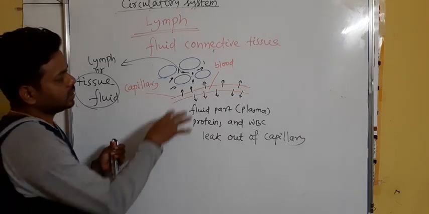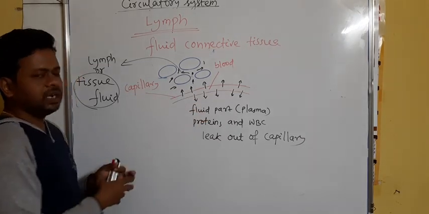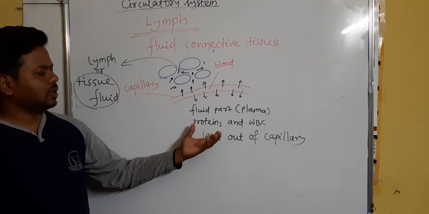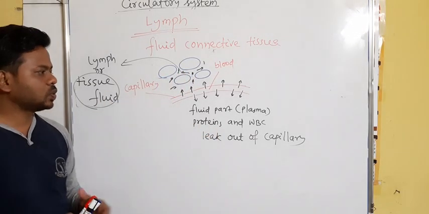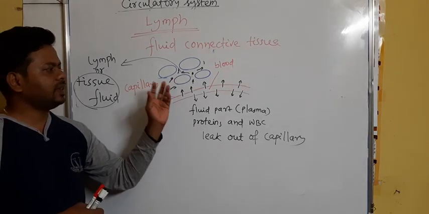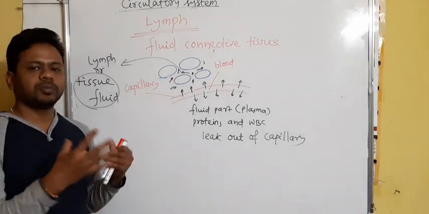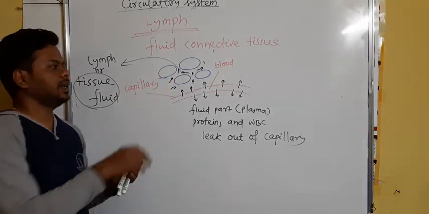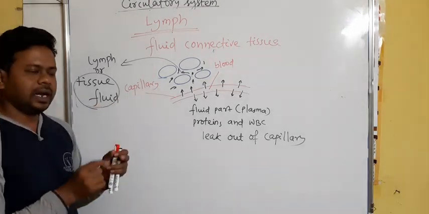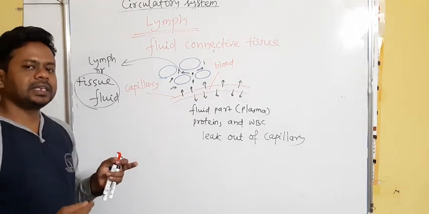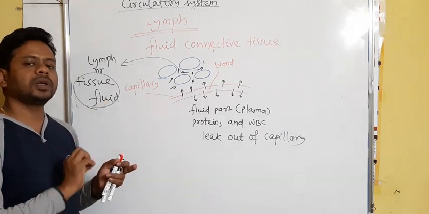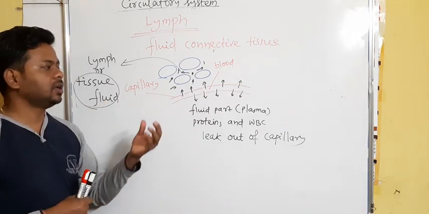Then the question comes: if this process continues, what happens? Too much lymph will collect between the spaces. So when the lymph becomes excess, there is a lymph vessel, and through the lymph vessels this lymph is collected and passed back to the blood through the main vein, the vena cava.